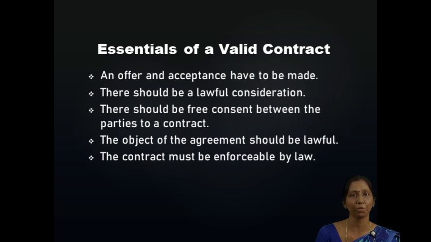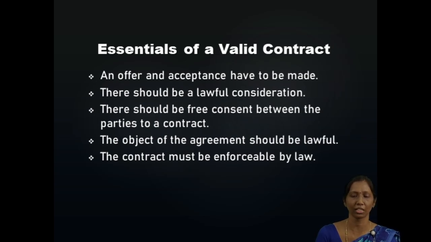Then there should be mutual consent between both parties, the buyer and the seller. The buyer is ready to accept the goods of their own interest, and the seller is ready to sell the goods of his own interest. Nobody should compel them to buy or sell the goods or services. Both are ready to sell and buy by their own interest.